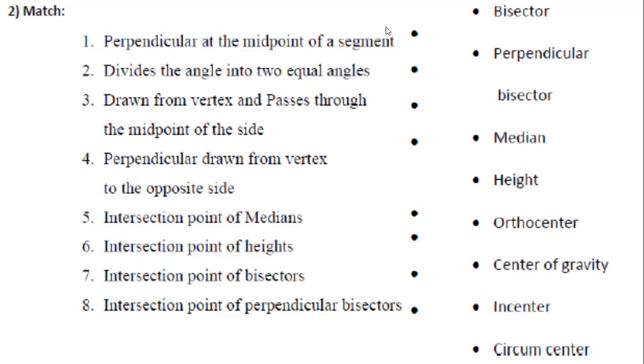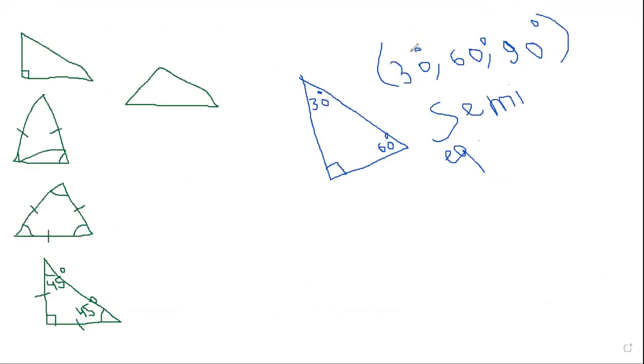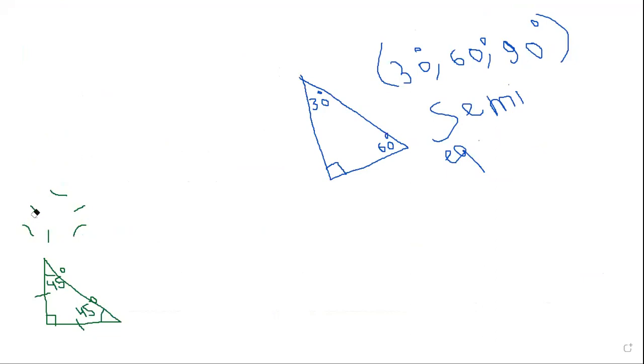Let me remind you about each of these lines: the median, the height, the bisector, the perpendicular bisector.